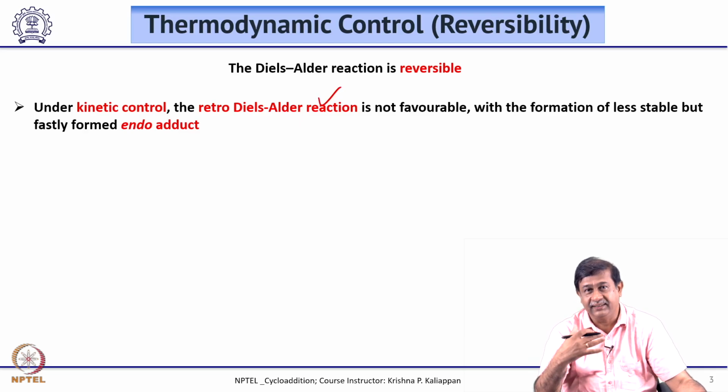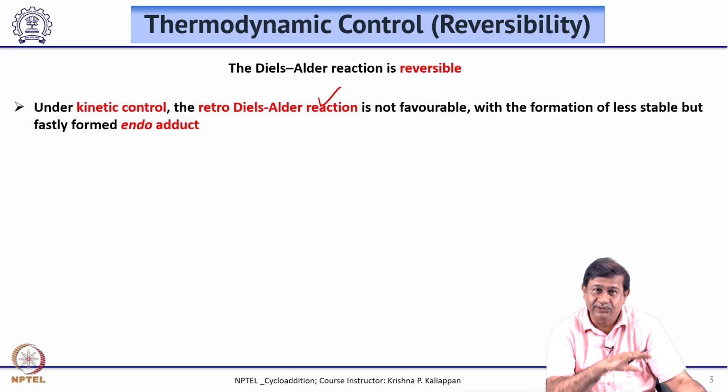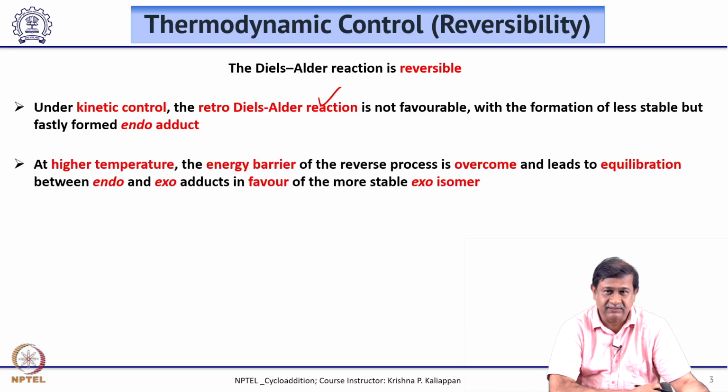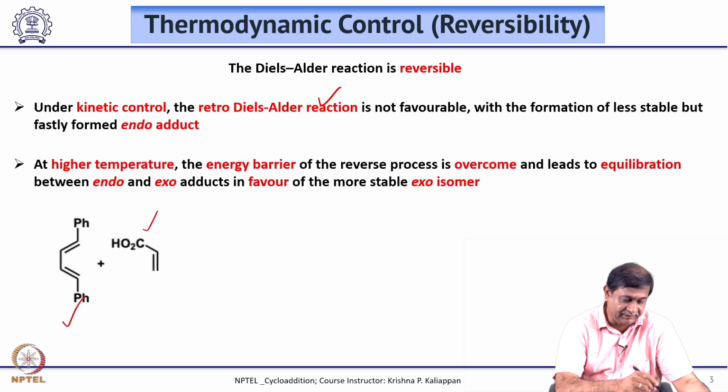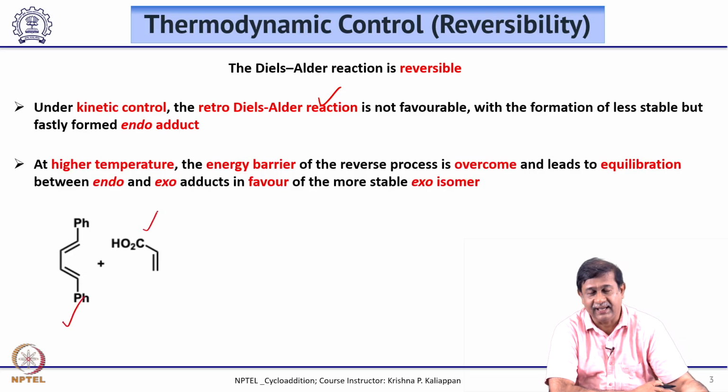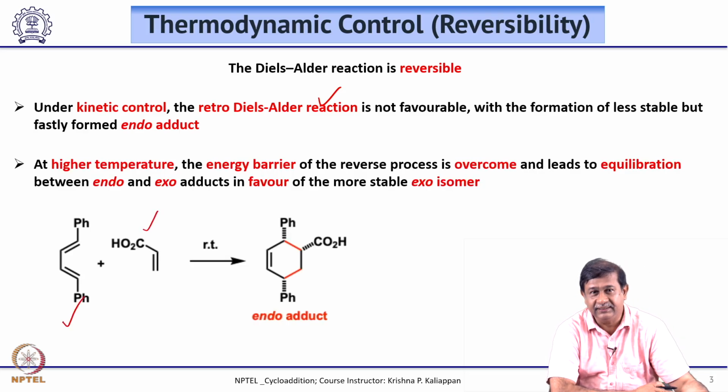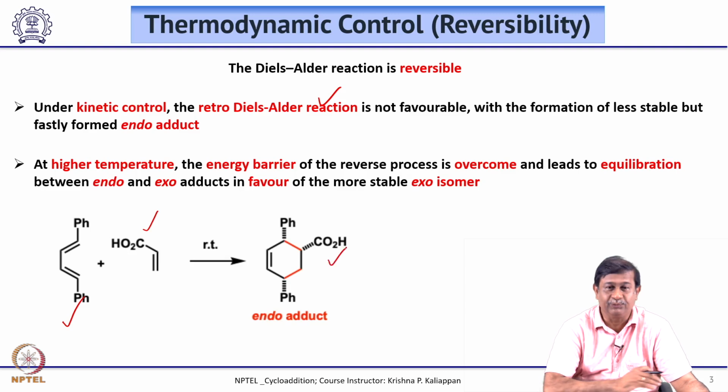Now this diene and dienophile, when heated further, can give a mixture of endo as well as exo products. For example, if you take this diene and treat it with this dienophile, that is a cyclic acid, initially it forms only the endo product.